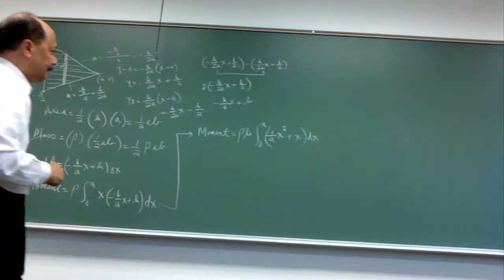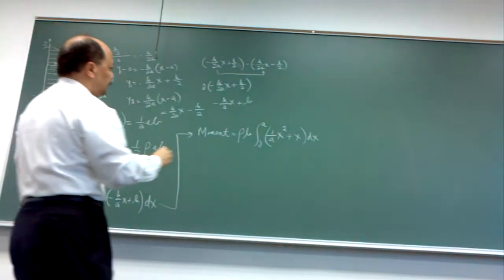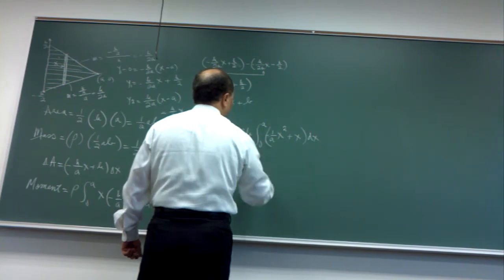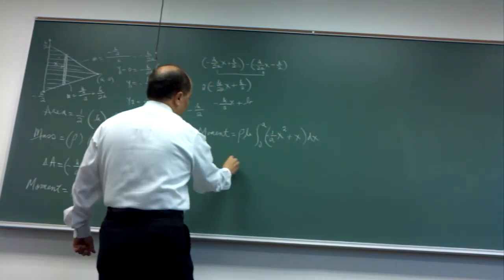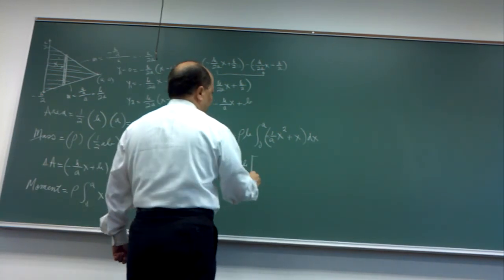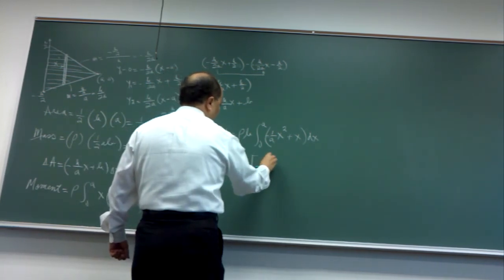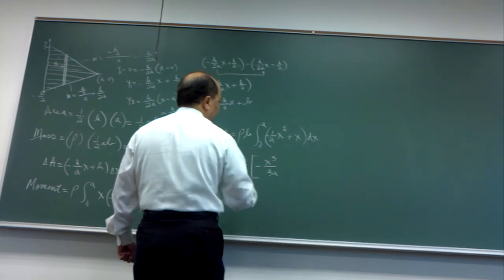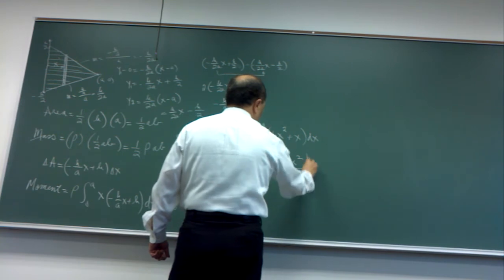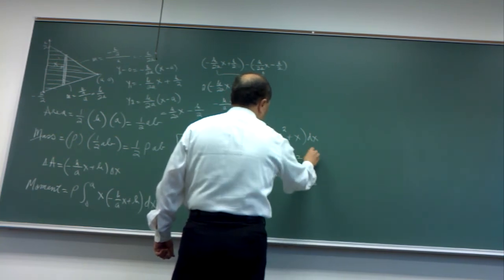Should be negative, probably. Negative. And so this gives us rho b times negative x cubed over 3a plus x squared over 2 from 0 to a.